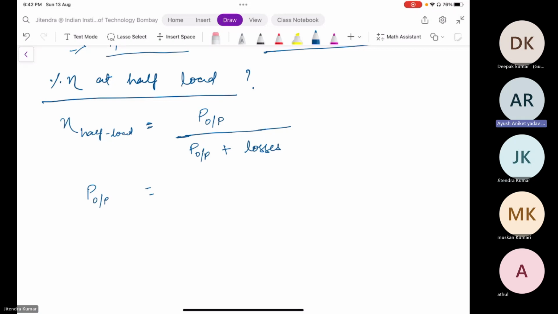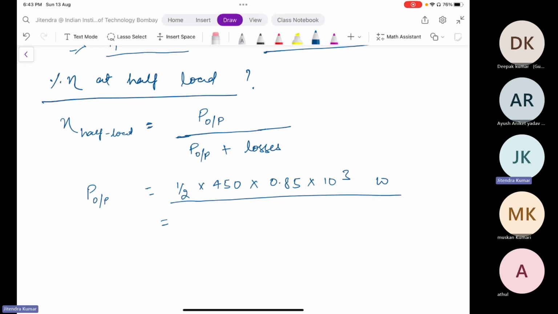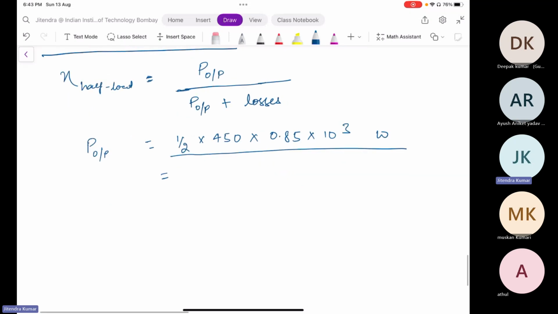Half of output power at full load. Half of 450 kVA into 0.8. Please compute it while I am computing other things like losses.